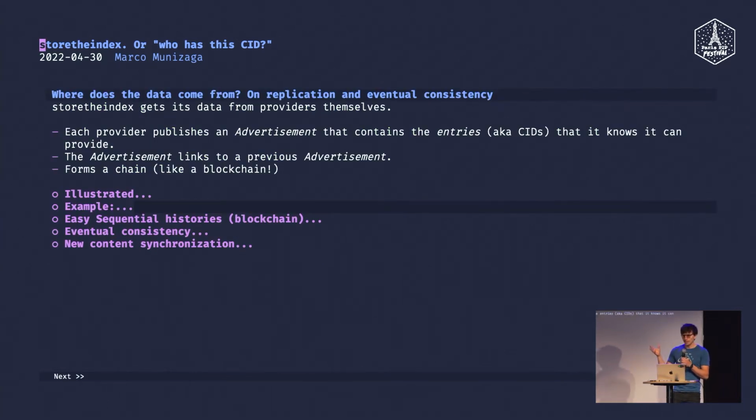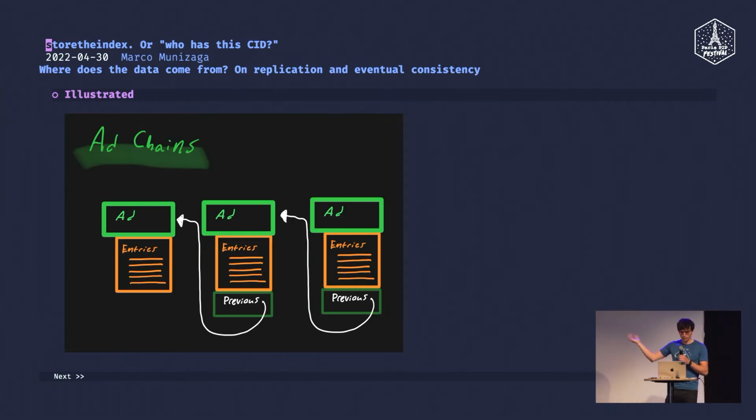So the next step is, what is the data that we're indexing? And we get this data from the storage providers themselves. They publish, you can think of it as this blockchain of advertisements. And each advertisement references the previous advertisement. It looks like this.